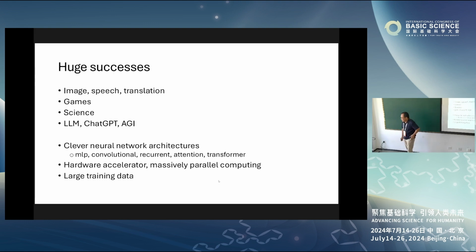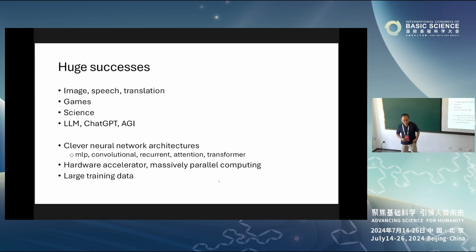Why it works, we don't know. Well, I don't know; some people may know. I think it's still largely a mystery why it works. But we know what has caused it to be a success. There are at least three reasons. One is that clever people have discovered some very effective domain-specific neural network architectures.